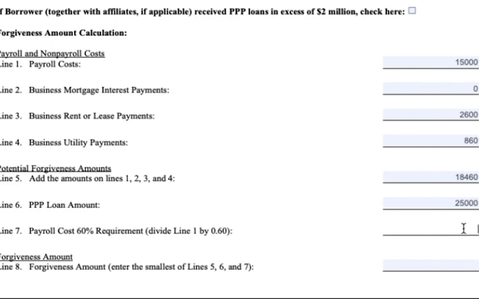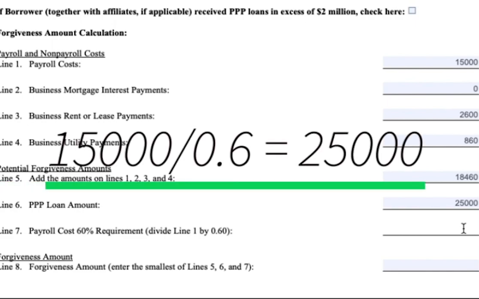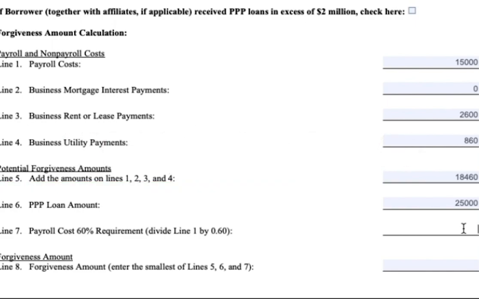You want to divide your $15,000 by 0.60. So line 1 divided by 0.6, you should get your loan amount. So Annie Paycheck did pretty good. She spent exactly 60% of her loan amount on payroll. It could be higher. So if you spend 70%, or even if you spent 100%, that means you're probably going to get 100% forgiveness, okay?